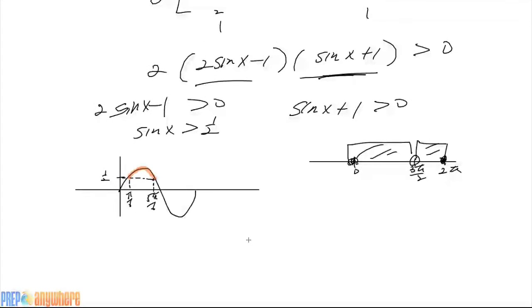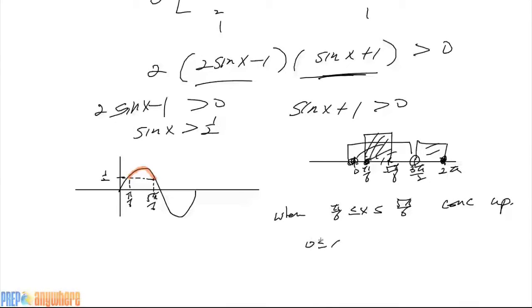So we have to overlap this region with pi over 6 and 5 pi over 6, which means the answer is only going to be this. So in the interval when x is between pi over 6 and 5 pi over 6, it's concaving up.